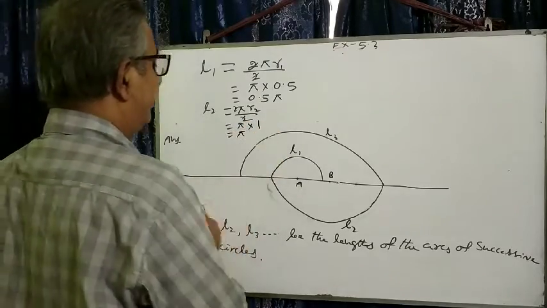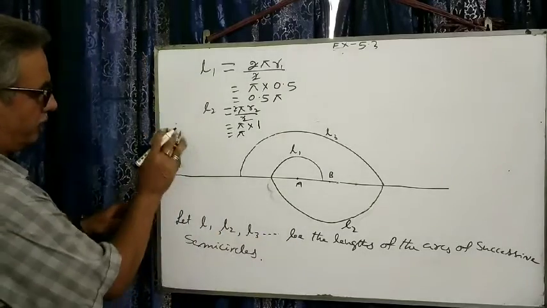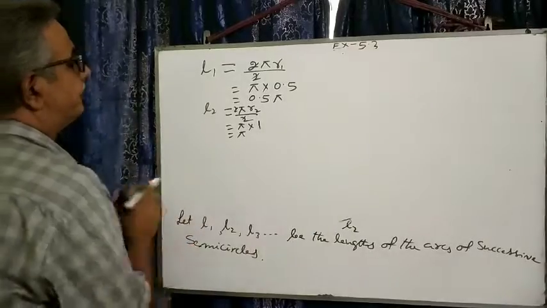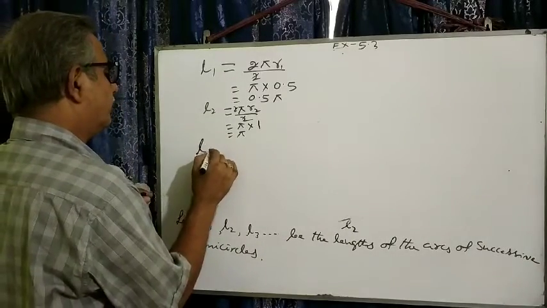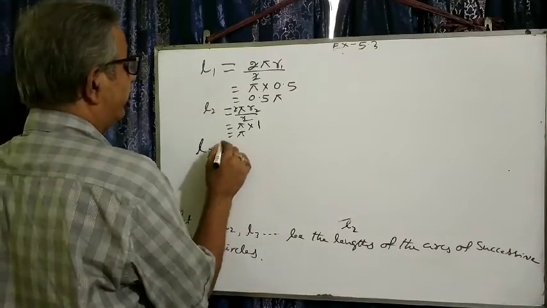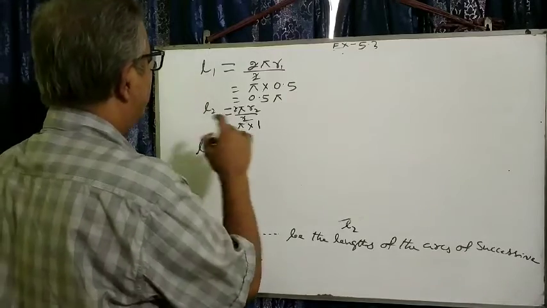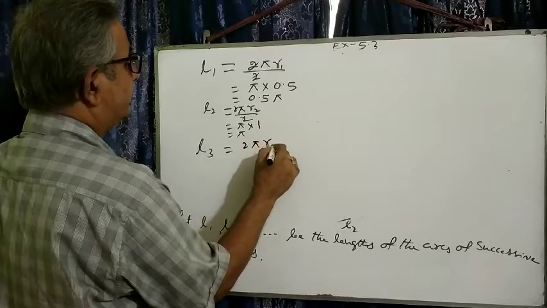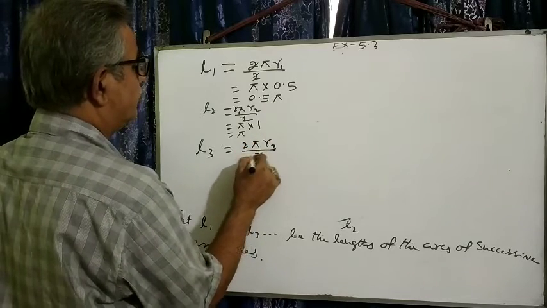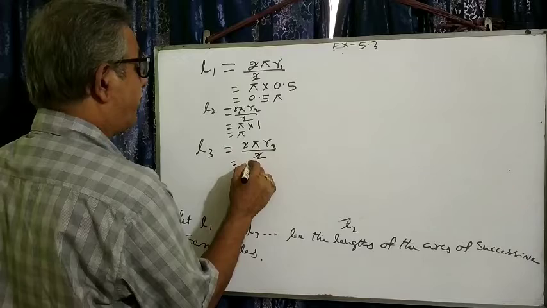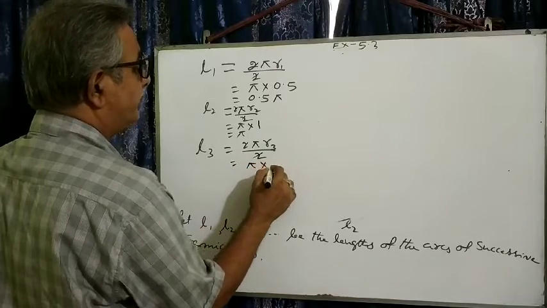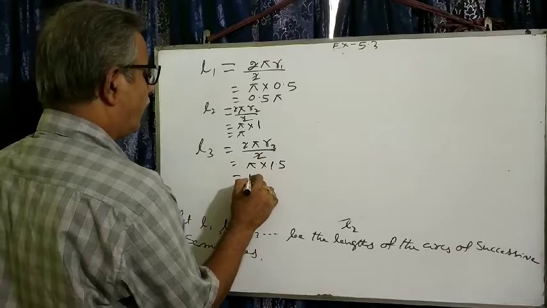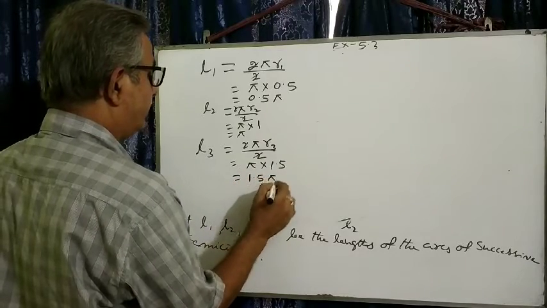L3 is equal to 2 pi R3 by 2. The 2 cancels, you get pi, and instead of R3 you have 1.5. So 1.5 pi you will get.